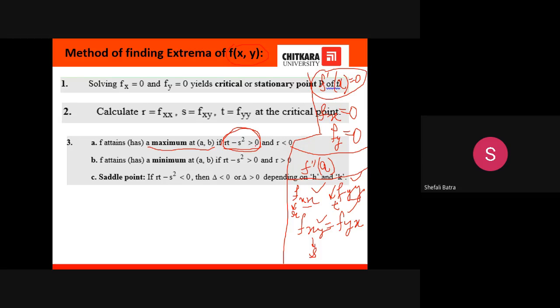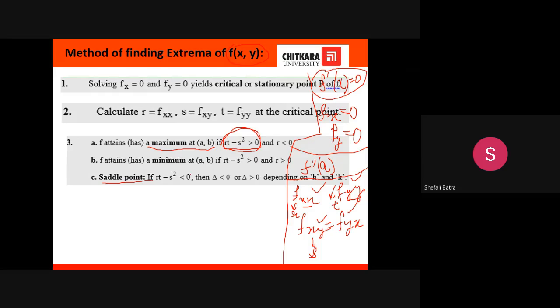So you need to check the sign of RT minus S square. It must be greater than 0, positive. If it is greater than 0, then only we will check whether the function has a maximum or minimum. If it is less than 0, then you need to write that it is a saddle point.